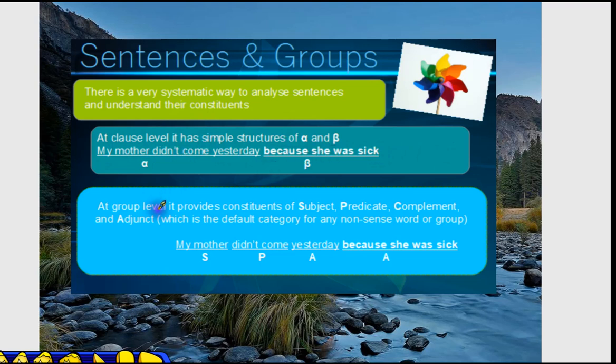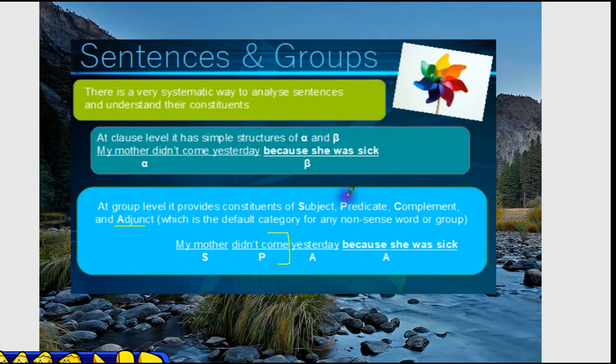So at group level, it provides constituents of subject, predicate, complement, and adjunct. An adjunct is the full category for any non-essential word or group. But take a look at what an adjunct is here. We have the same sentence. My mother didn't come yesterday because she was sick. What happens if we split this sentence? If I say, my mother didn't come, the sentence has a meaning. It makes sense.